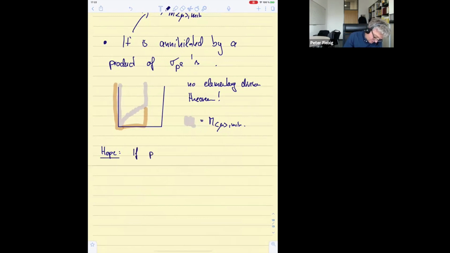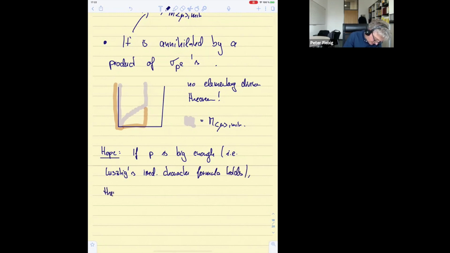If P is big enough, and big enough should mean that Lusztig's irreducible character formula holds, then there are elementary divisors.